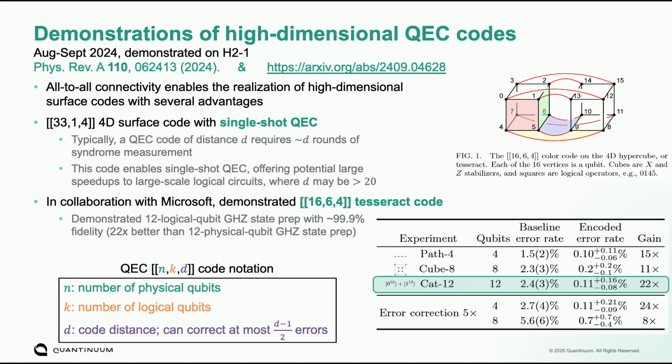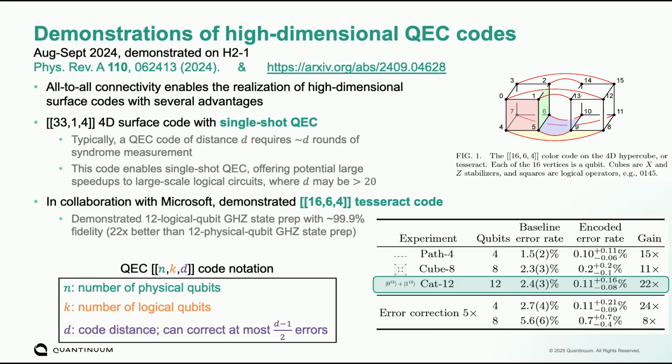And then additionally, as I briefly mentioned earlier, the all-to-all connectivity that we have in our systems allows us to take advantage of some more exotic QEC codes that require this high connectivity. And so I want to briefly talk about 2 of these codes. The first is this 33-1-4 4D surface code.